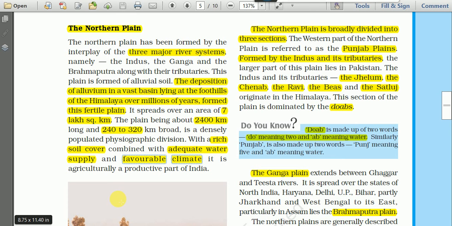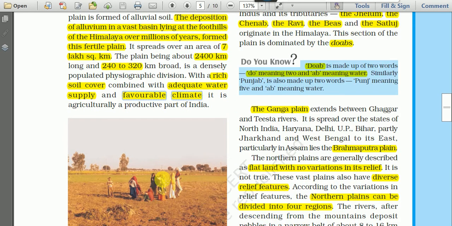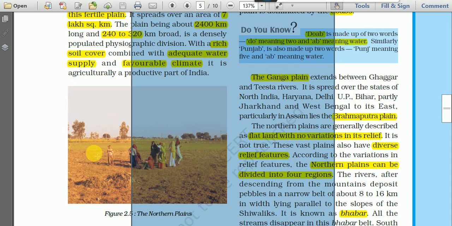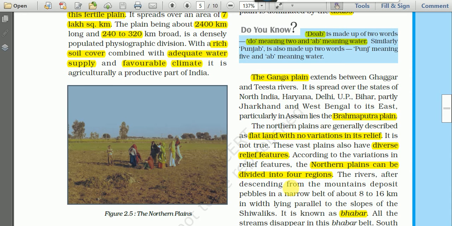With this fertile soil, adequate water supply given by the rivers, and a favorable climate, this northern plain is an agriculturally productive part of India. So this photograph shows the northern plains of India.